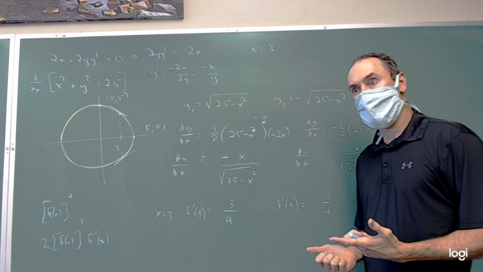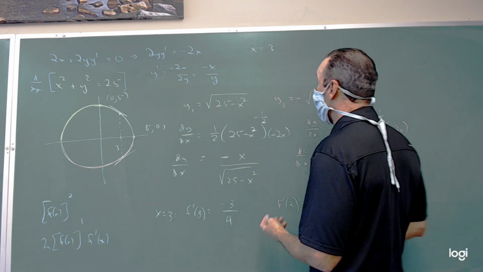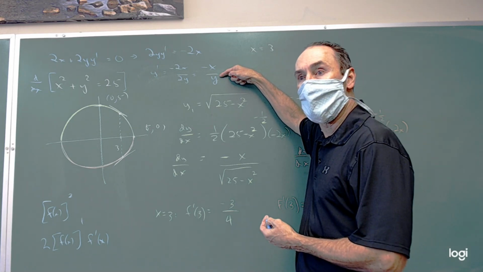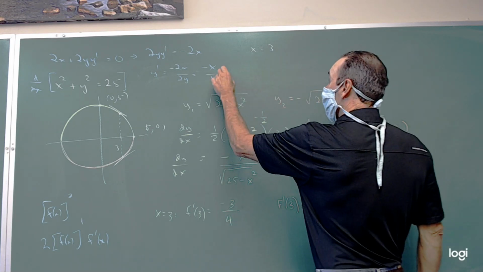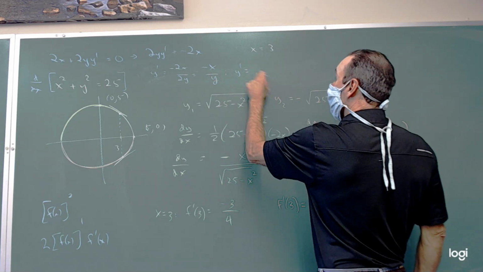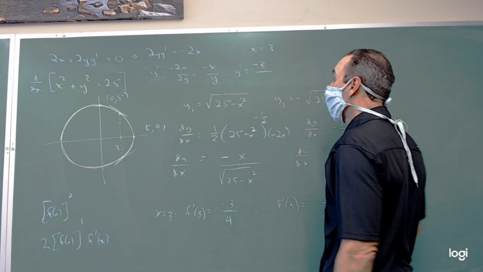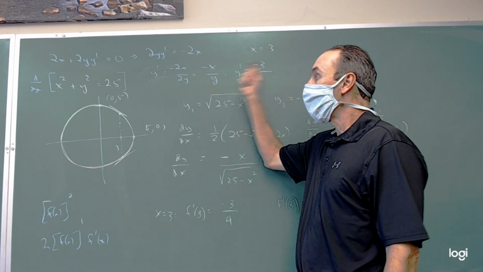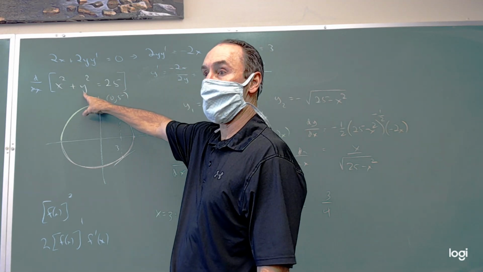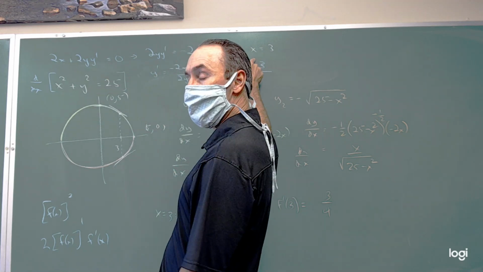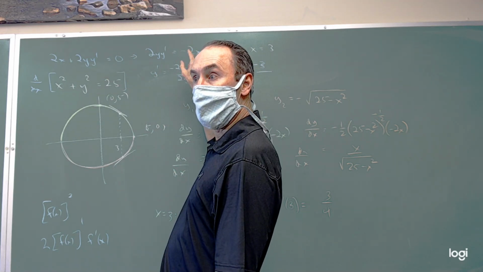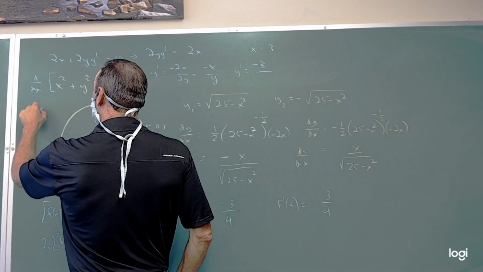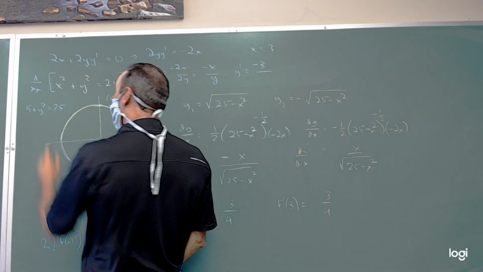Okay, so far. Now, when we plug in the number, we said x was 3, but we didn't give a number for y. So what we're getting then is y prime is negative 3 over, but we have to solve for the y back in the original equation when x is 3. With me? So the 3 squared is 9, plus y squared equals 25.